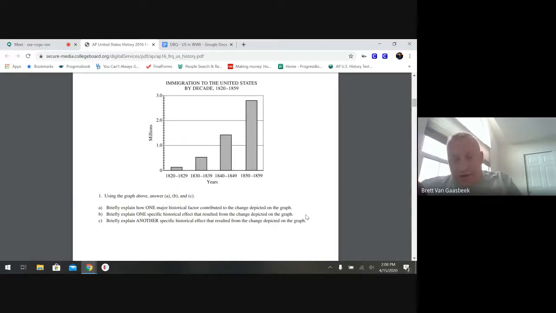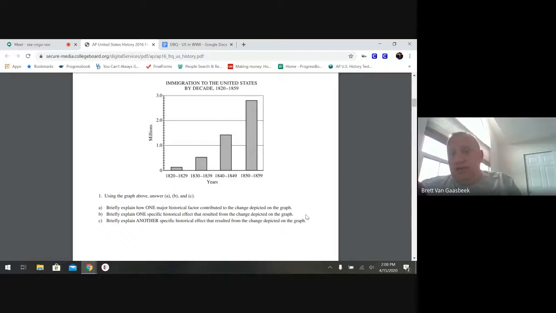Another historical effect that would have resulted is the growth in cities. All of a sudden New York, Boston, Philadelphia, and even Atlanta to certain extents were growing and prospering because of the new emphasis on industry.